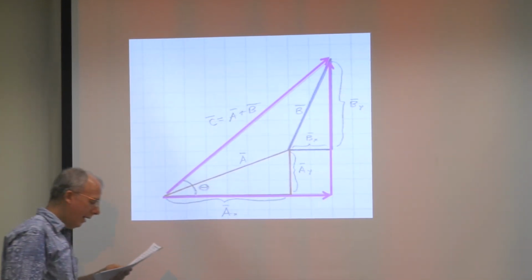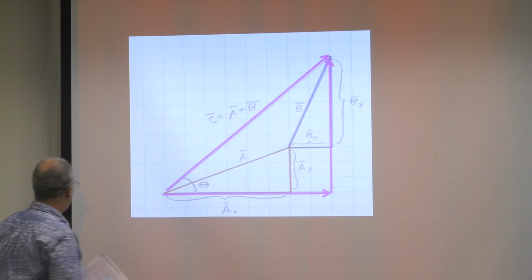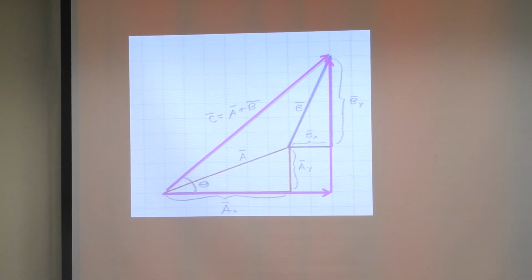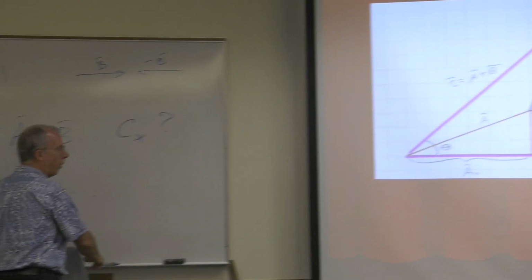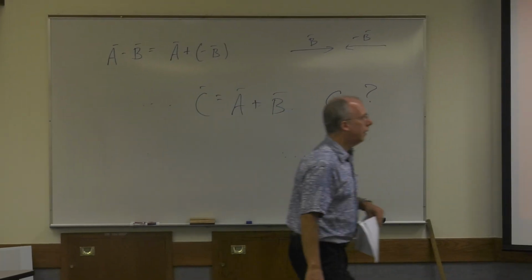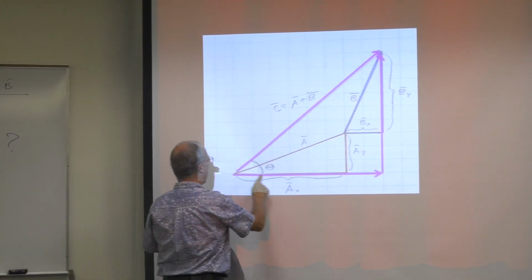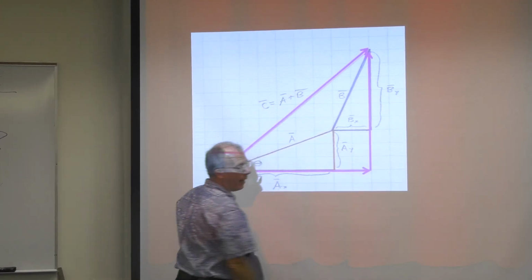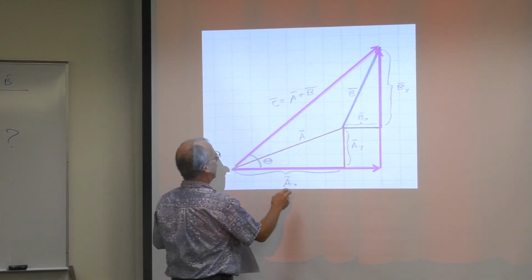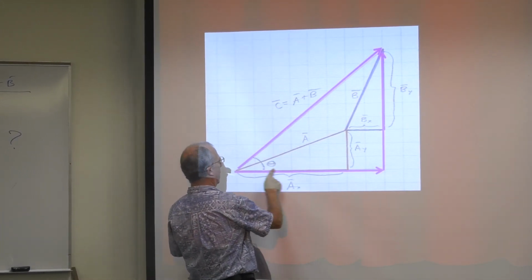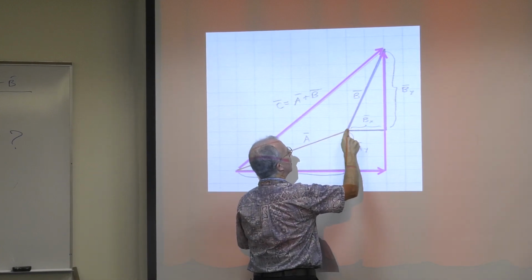Now, the question I have: what is Cx? So what is the x component of C? Well, here's C, and so this is Cx, right? Now, what's it made from? Well, here's Ax, and this is Bx.